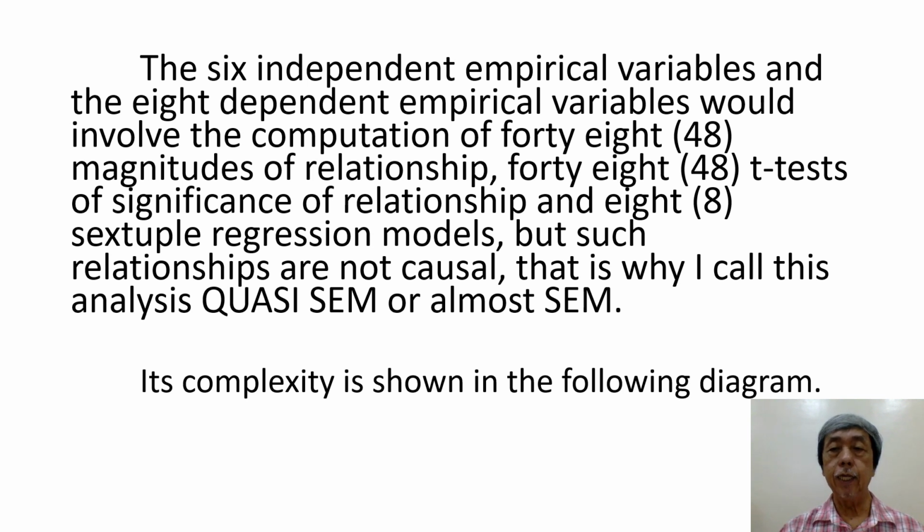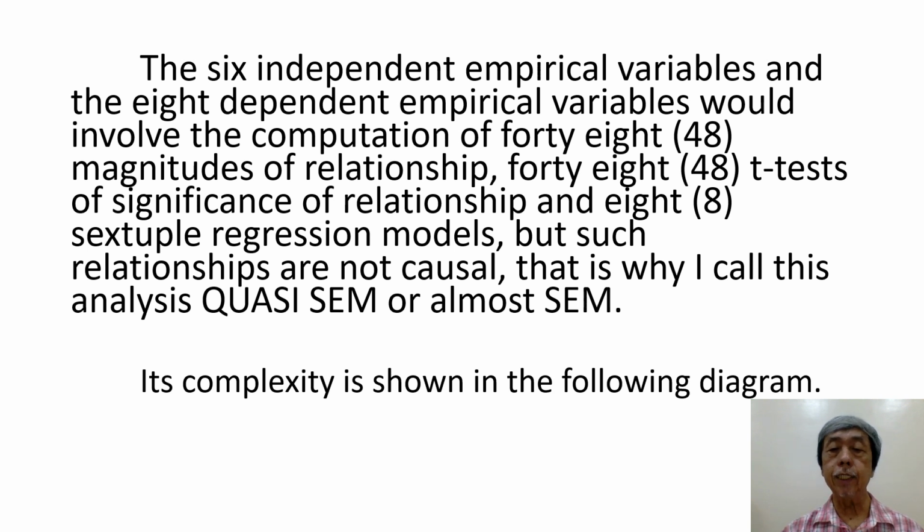The 6 independent empirical variables and the 8 dependent empirical variables would involve the computation of 48 magnitudes of relationship, 48 t-tests of significance of relationship, and 8 sextuple regression models. But such relationships are not causal. That is why I call this analysis Quasi SEM, or almost SEM.